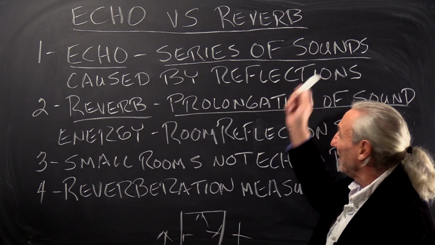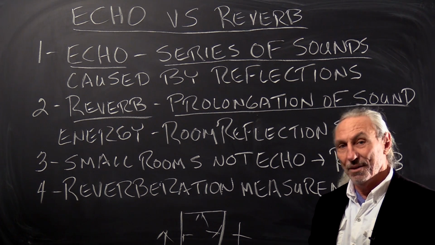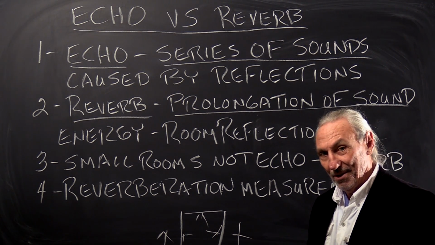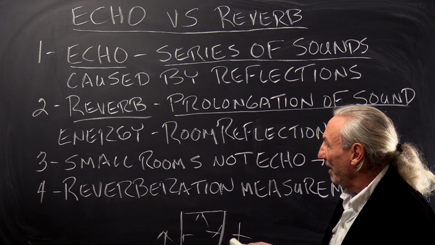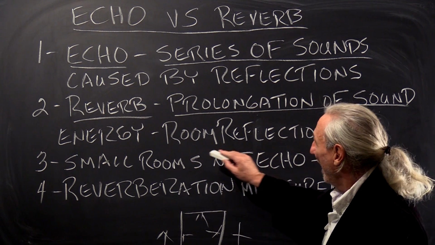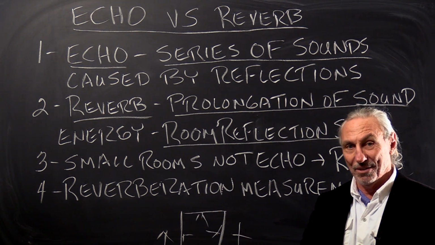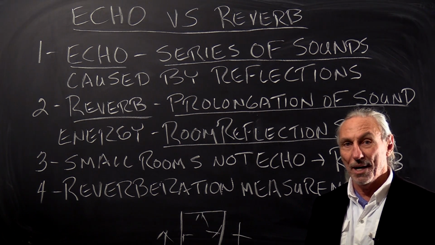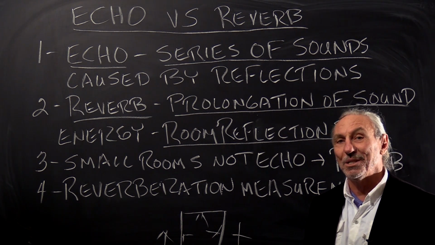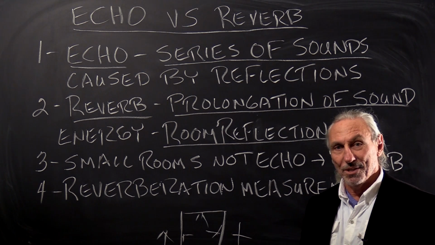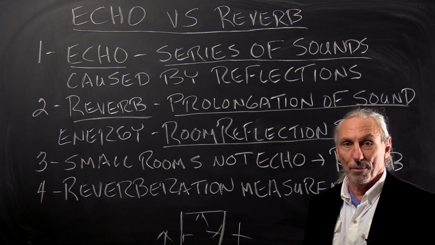It's not a series of sounds that are distance related, okay? So we want to think about reverb as all the reflections in the room kind of added together, summed, if you will, okay? That's what gives us the RT60 measurement system that we use for reverberation.